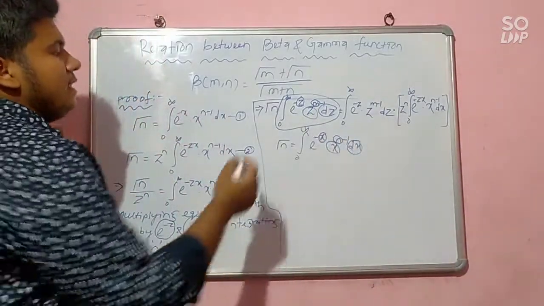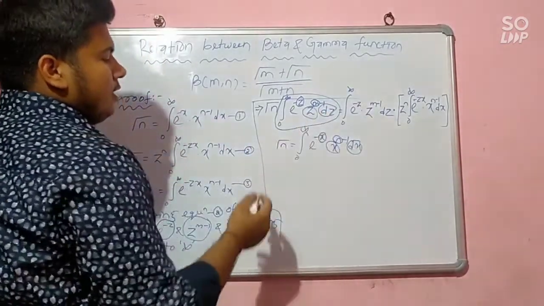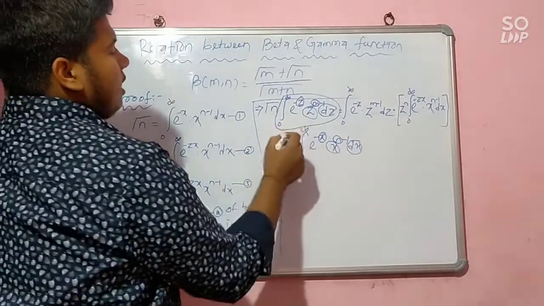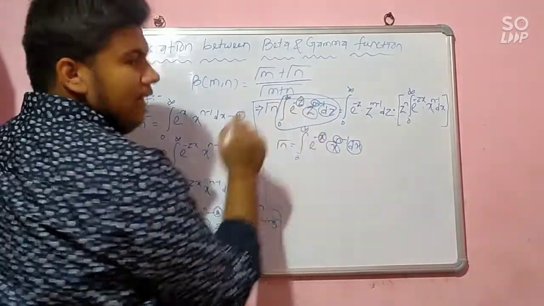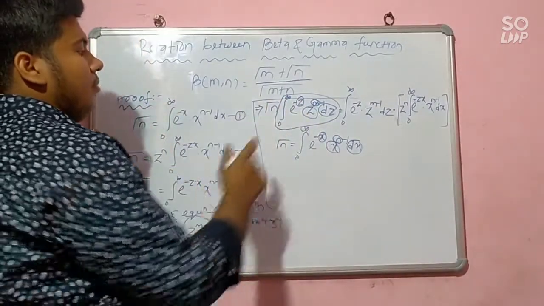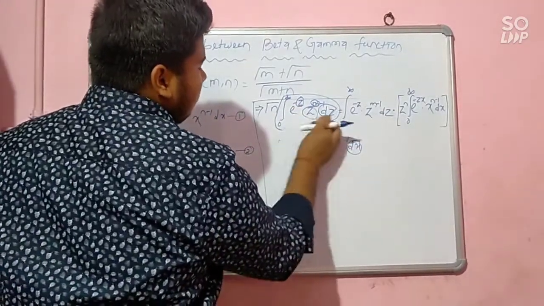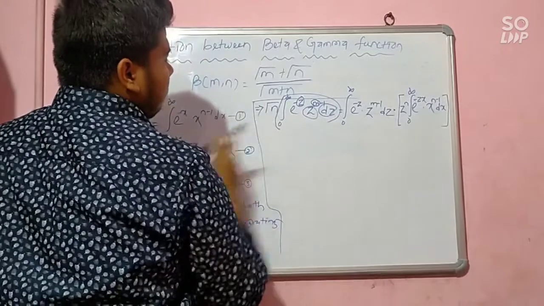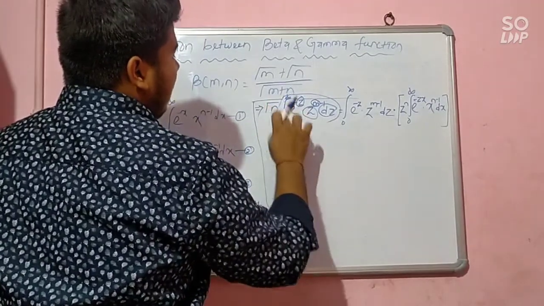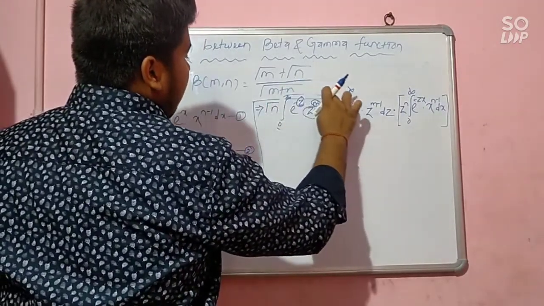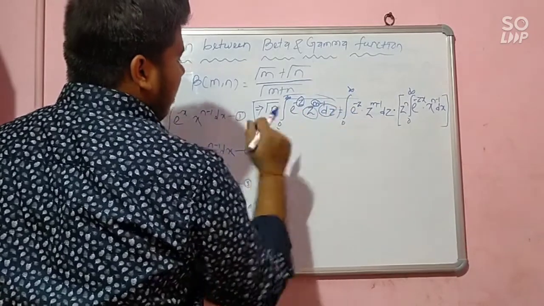So we can write this integration as gamma m, because in the place of n here is m, so we can write the value of this integration as gamma m.